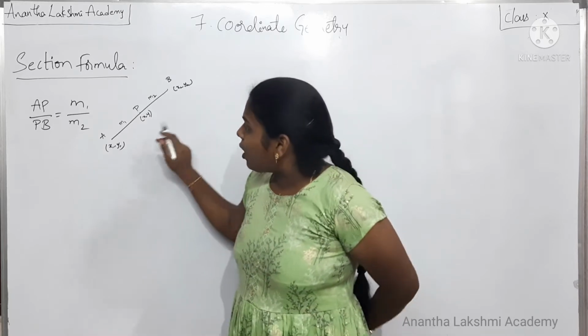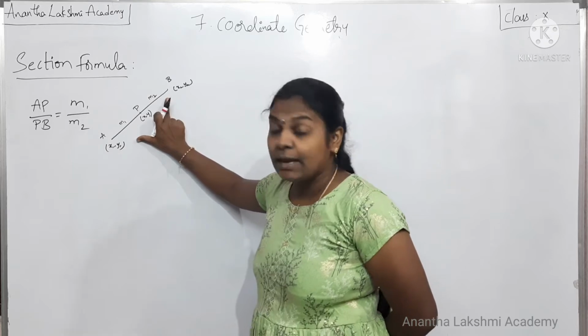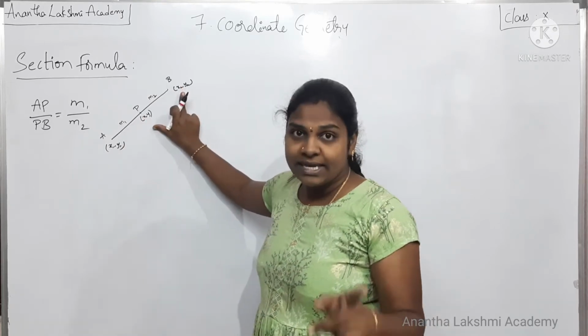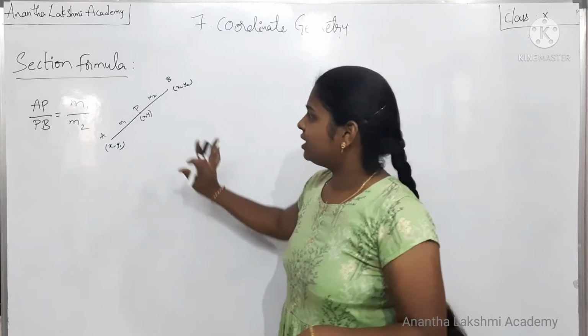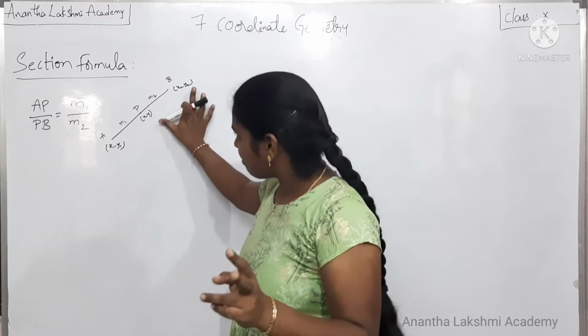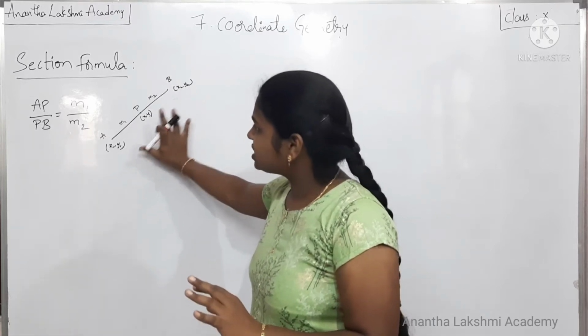Now, P is dividing the line AB into 2 sections. AP is one section and PB is the other section. So the point P divides AB into 2 sections, AP and PB, in the ratio M1 and M2. That is what a section is.